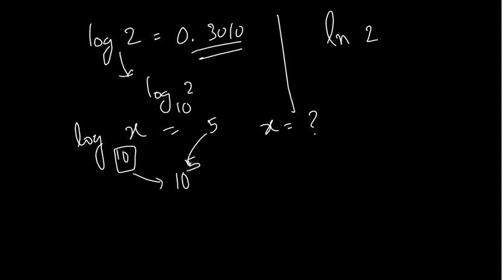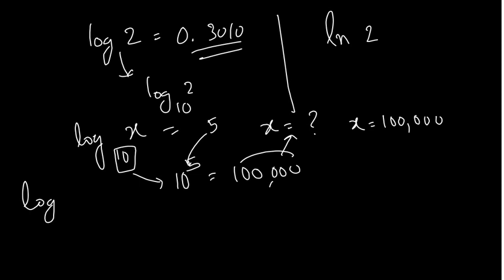You probably get 100,000. That's the value of x, x equal to 100,000. Now you can use the calculator. Let me give you a few more questions like that. Log x to the base 2 equal to 5. So what's the x value? 32. Correct. Good.